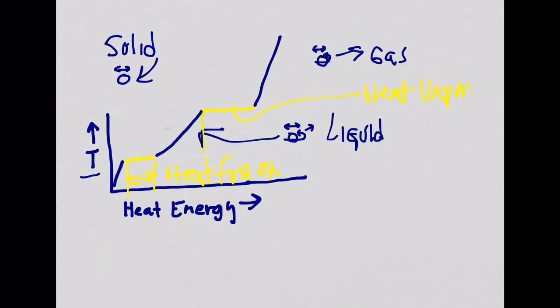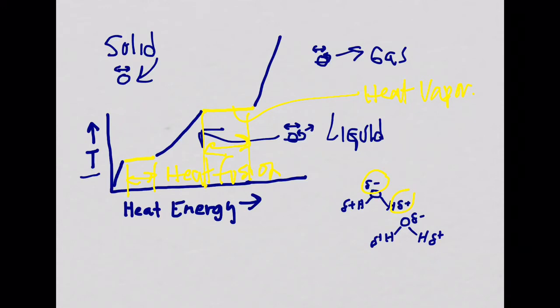This represents the heat energy that's required to take liquid water to the gas state. All of this is dependent, in the case of water, on the intermolecular forces. You have the polar aspects of water, and you end up making dipole-dipole hydrogen bonds.